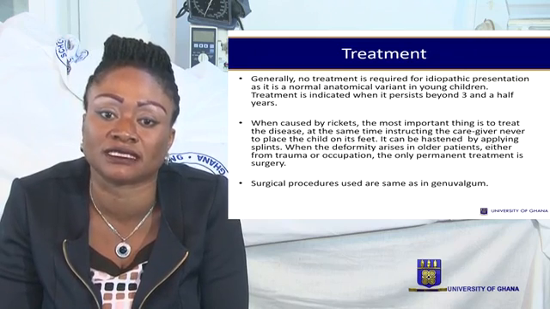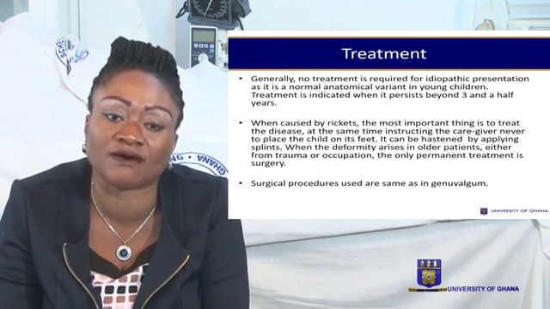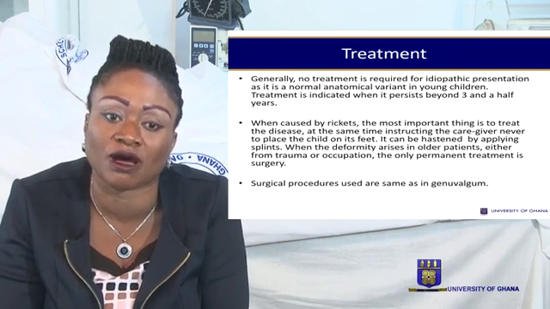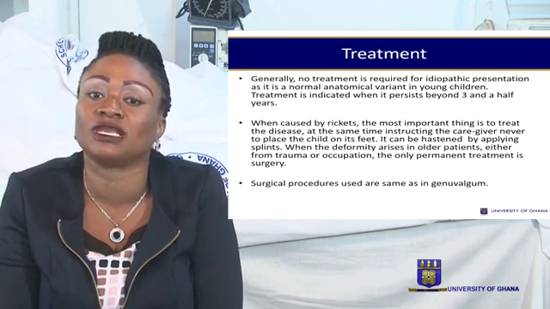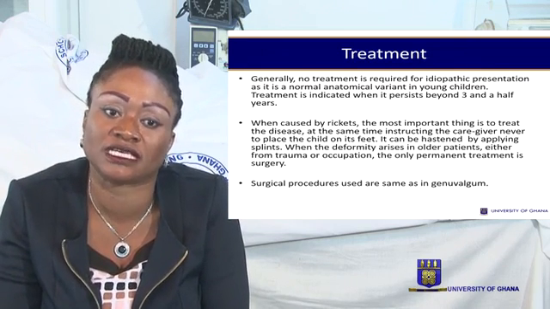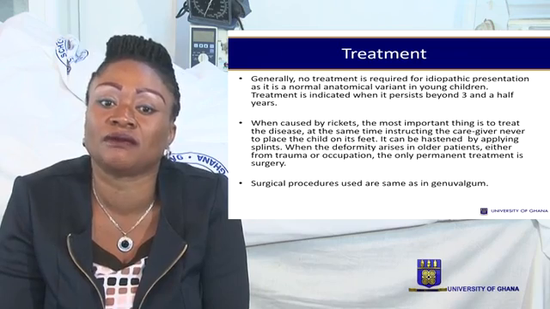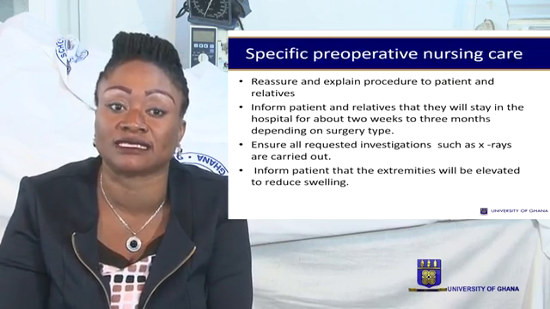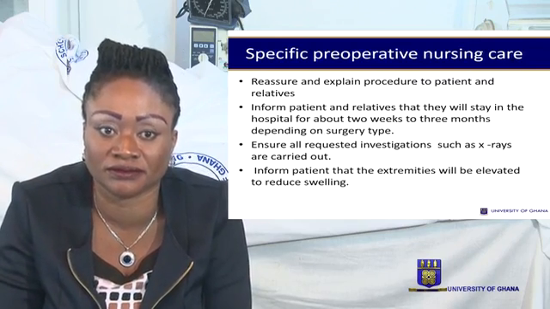It can be hastened by applying splints, and when the deformity arises in older patients, either from trauma or occupation, the only permanent treatment is surgery. So surgical procedures used may be the same as for genu valgum as discussed earlier.